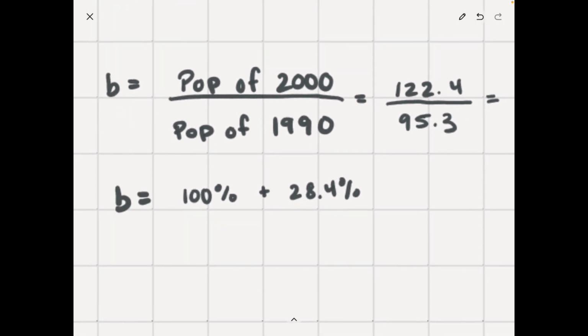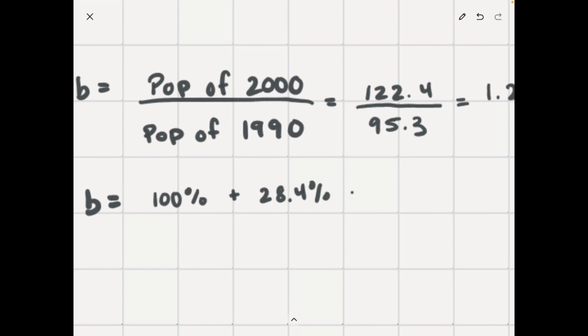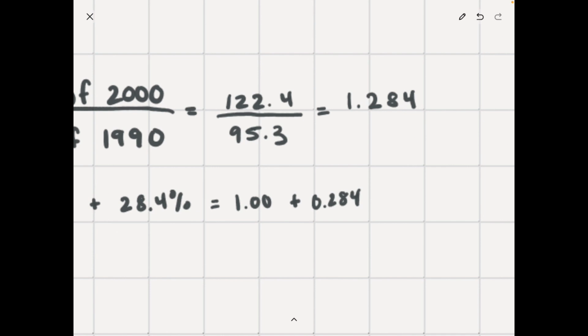I'm just showing you a second way to calculate this growth factor. If I turn these into decimals, 100% as a decimal is 1.00, and 28.4% is really 0.284.